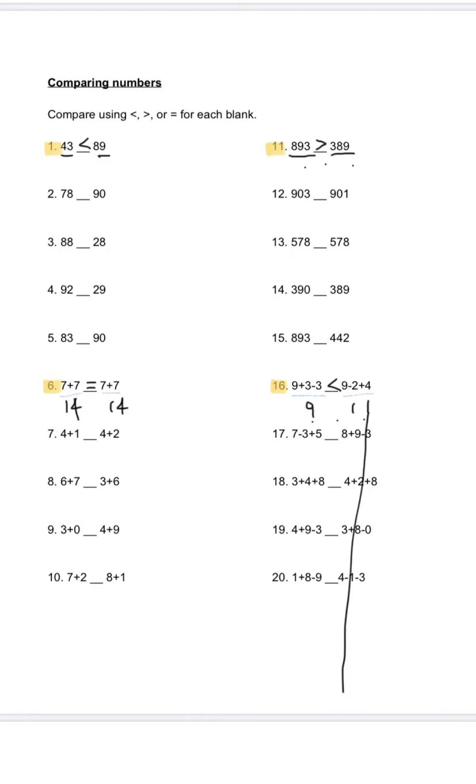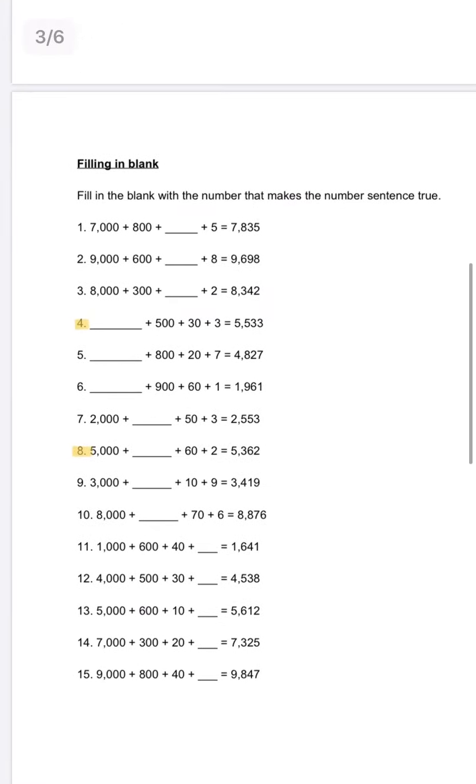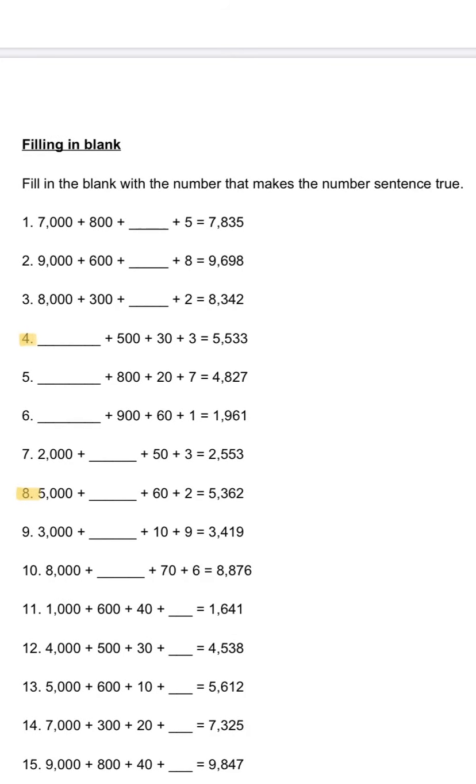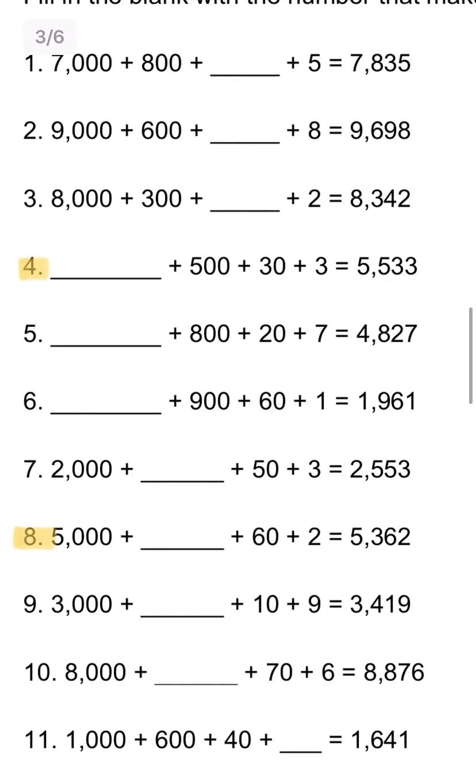And now let's move on to fill in the blank. So the instruction says, fill in the blank with the number that makes the number sentence true. Okay, so let's look at number 4. So they're asking us to find this blank, right?